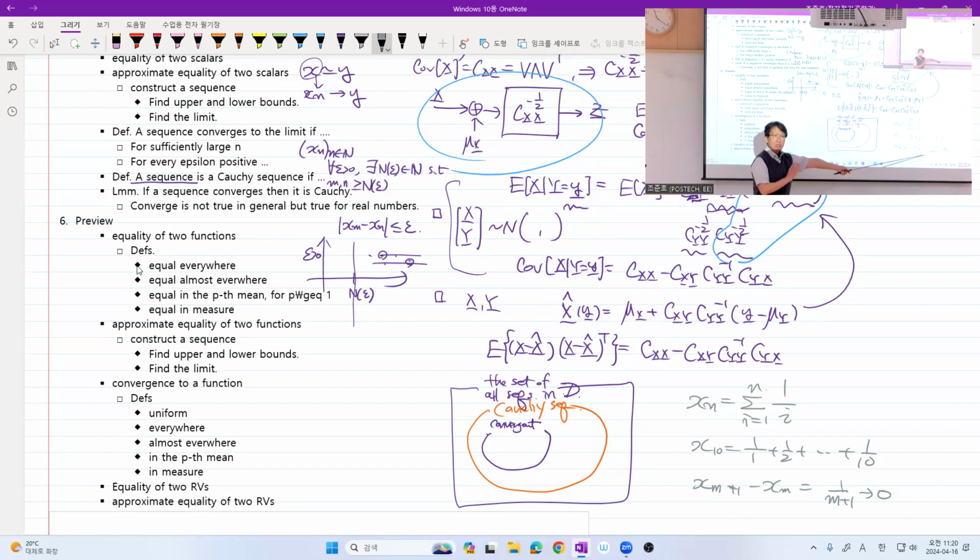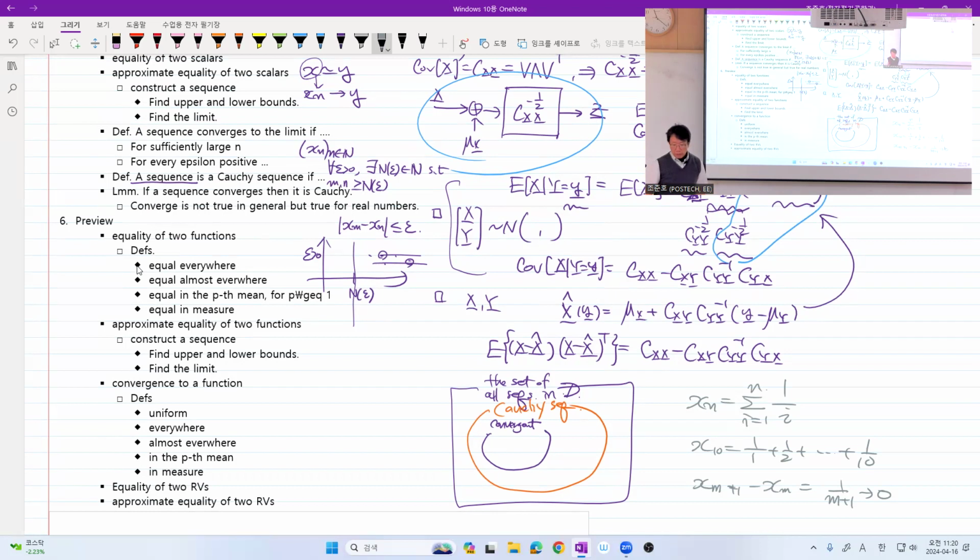A Cauchy sequence does not talk about two adjacent terms. It talks about any two terms after you cut at capital N of epsilon. So this sequence is not a Cauchy sequence, and it does not converge even in the real domain. Okay.